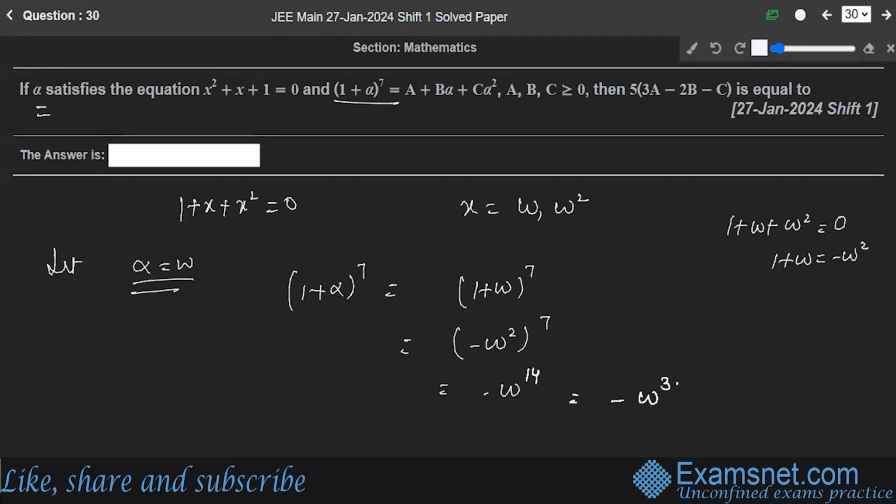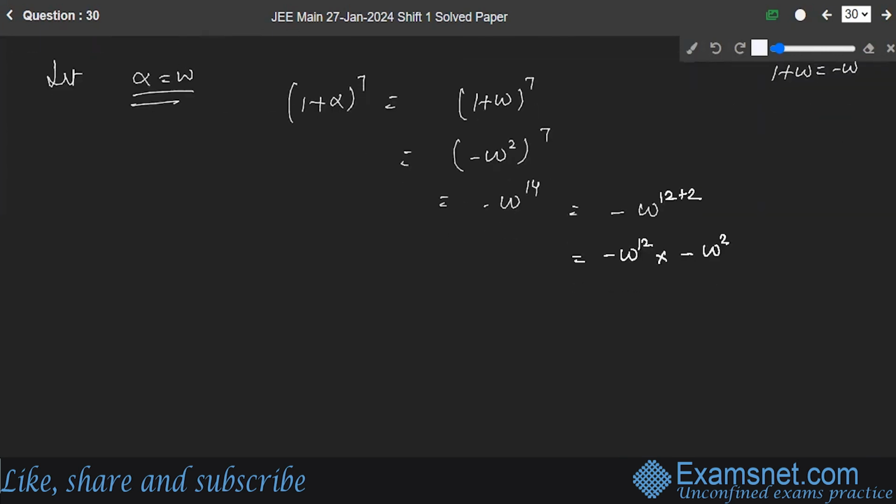This can be written as 12 plus 2, omega raised to power 12 multiplied by minus omega square. Omega cube is equal to 1. So this will be equal to minus 1 into omega square, or 1 plus omega only.